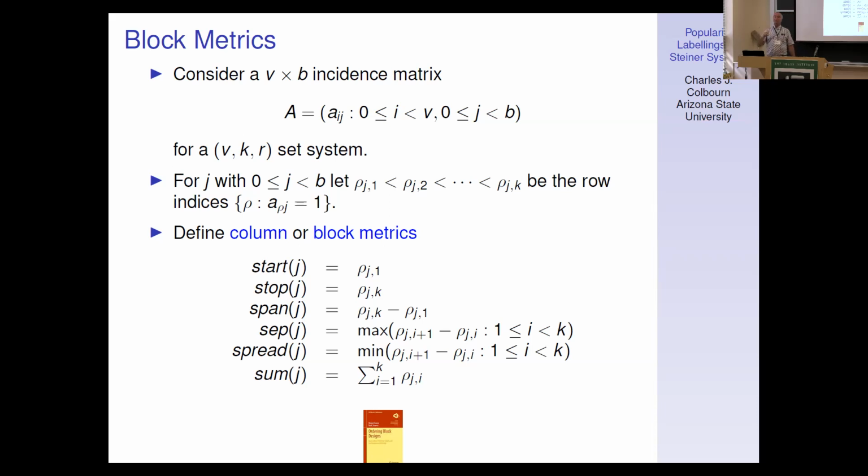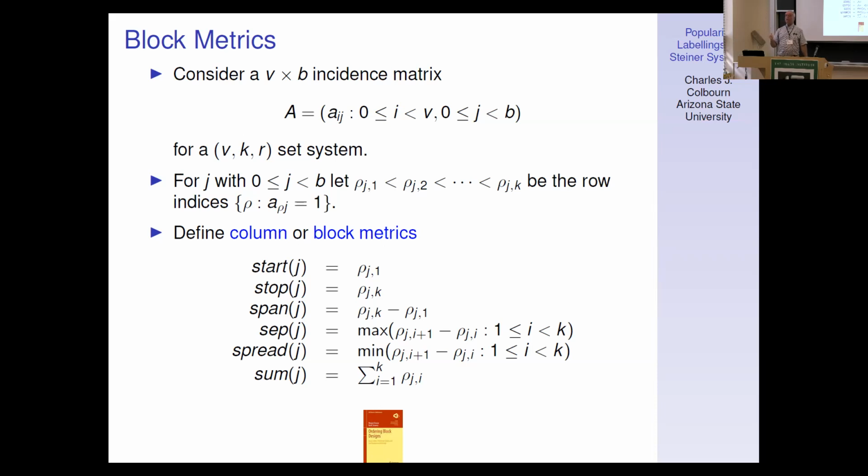So separation and spread measure how spread out those point indices are. And the last one on the list says I might want to look at something like the average of the point indices contained in that block. So instead of just looking at one of them or a difference between two of them, I might look at the average of all of them.